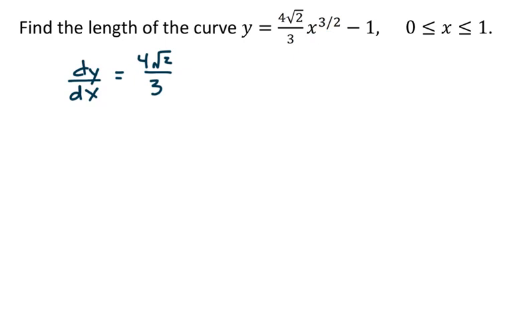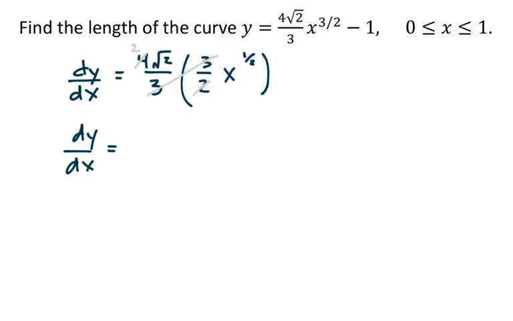Using my power rule, we're going to have 3/2 x to the 3/2 minus 1, which is the 1/2 power. And then the derivative of a constant is 0. So you'll notice the 3's are going to cancel, that 2 will reduce into the 4, and I have dy dx, or f prime of x, is 2 root 2 x to the 1/2.